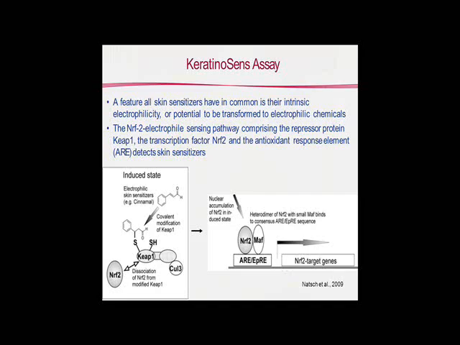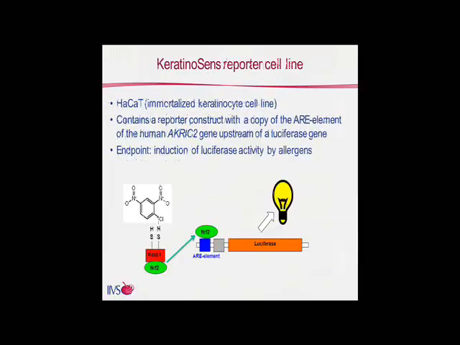So in order to translate that innate cell pathway into a simple assay, a HaCaT cell line was chosen, which is an immortalized keratinocyte cell line. Into that, a reporter construct with a copy of the ARE element of the human aldo-keto reductase gene was engineered upstream of a luciferase gene.